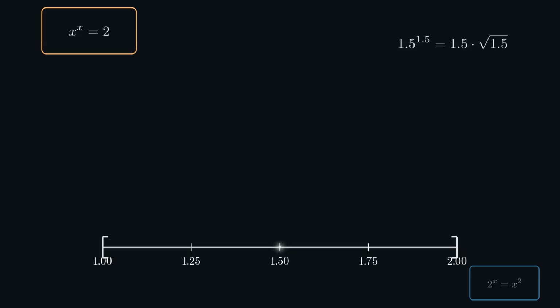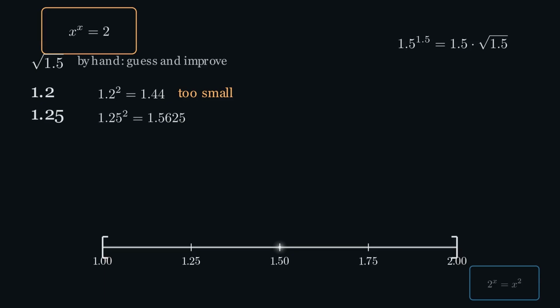Square root of 1.5 by hand. I'll guess and improve. Guess 1.2. Square it. 1.44. Too small. Guess 1.25. Square it. 1.5625. Too big. Guess 1.22.